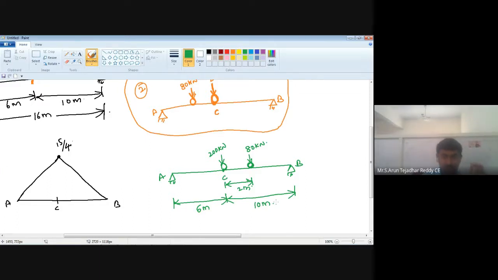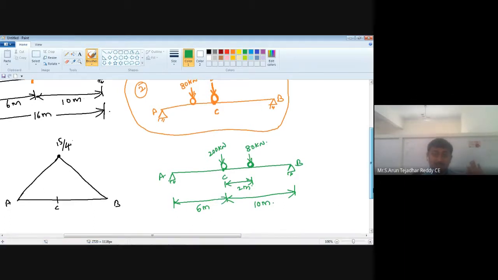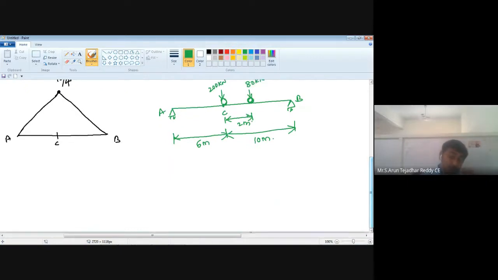Now find out the bending moment at C with the given loads. How to find out? First of all, before finding out the moment at C, we need to find out ordinates. So first of all, generally this is our bending moment at C diagram.